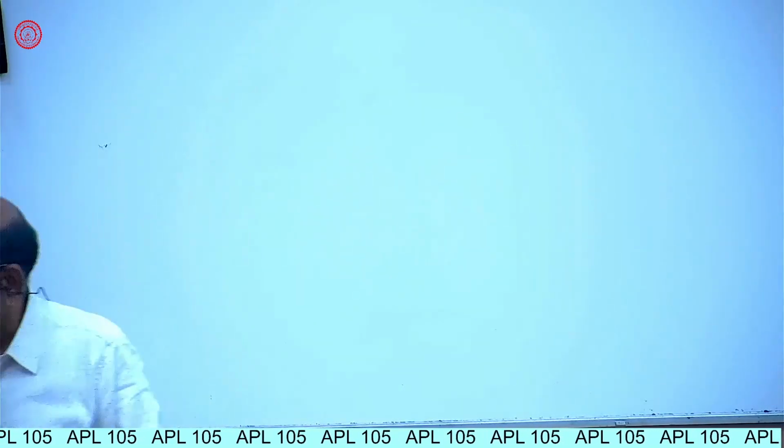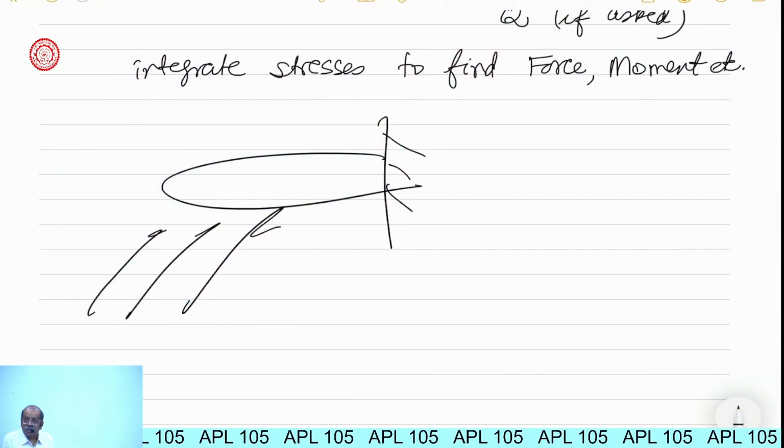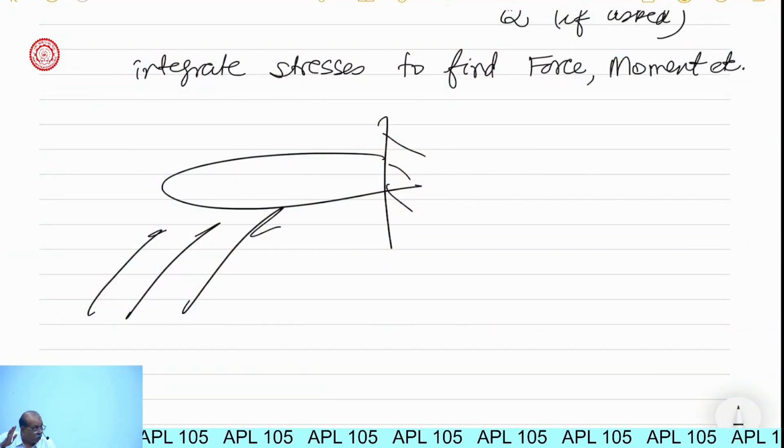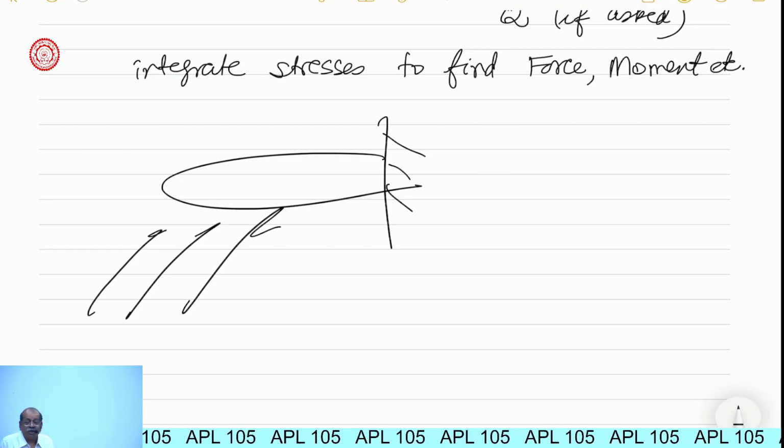Now, what may happen is, you may treat the wing like a rigid support. Because of this flow, there will be forces on the wing. And if this is a solid body, what will it do to the wing? It will cause deformation. So the wing may bend, and this bending, how will you calculate?